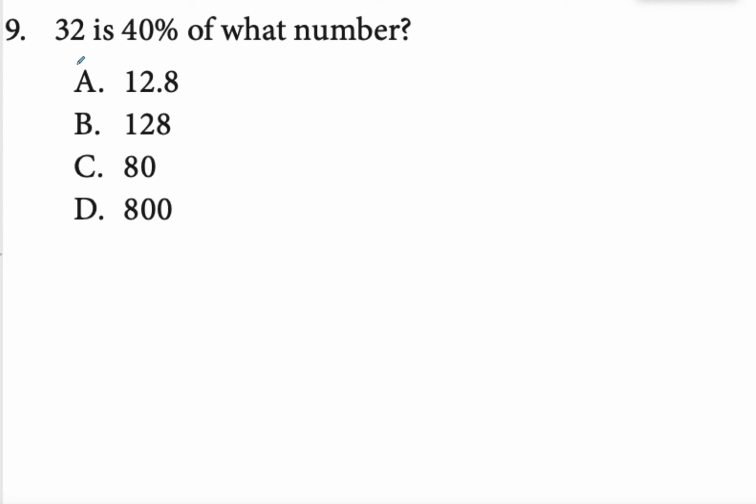Number 9. 32 is 40% of what number? So what are we going to do? 32 is means equal sign, 40%. So I'm going to write down 0.4 of what number? X. So to find x, I have to divide by 0.4.